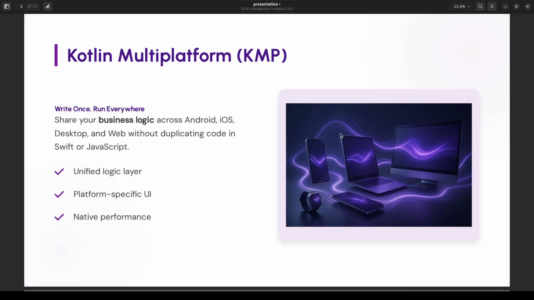So it has a unified logic layer. If we talk about the web, it compiles Kotlin into JavaScript. So Kotlin is compiled into JavaScript, and that is sent to the browser, which is useful for front-end web development. There is also Kotlin Wasm, which is one of Kotlin's newest targets.